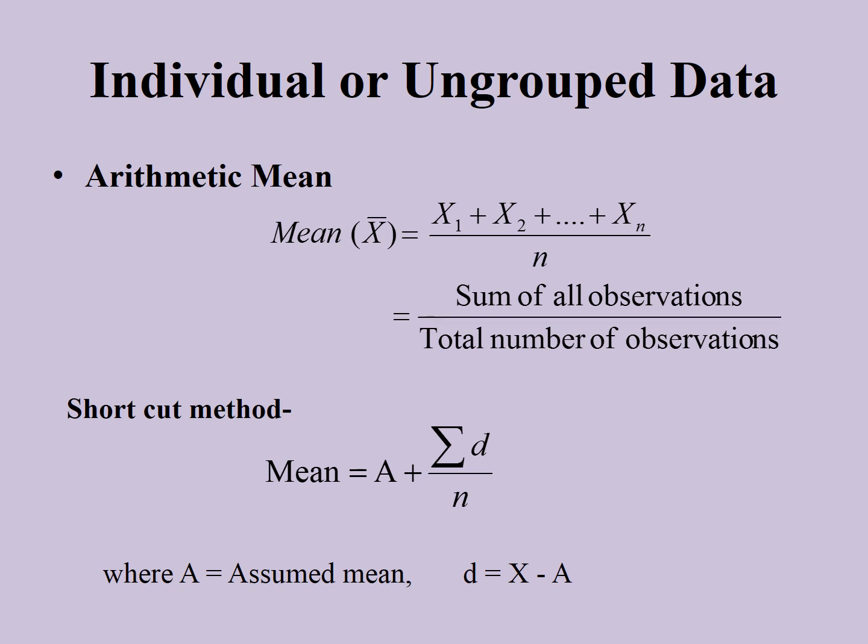To revise, ungrouped data or individual data means, for example, I have collected data about the weight of the 200 students present in this class. If I present that data individually, with the roll number and in front of it the weight of the student, that is called ungrouped data or individual data.